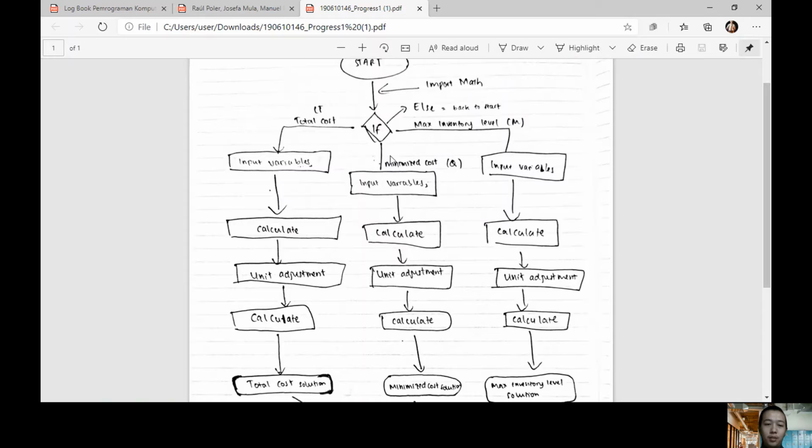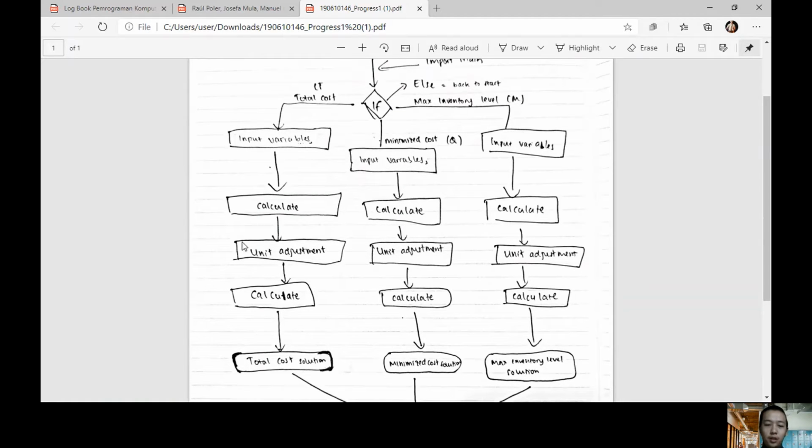There are three problems: total cost, minimization cost, and maximum inventory level. And then we need to input the variables for each problem.